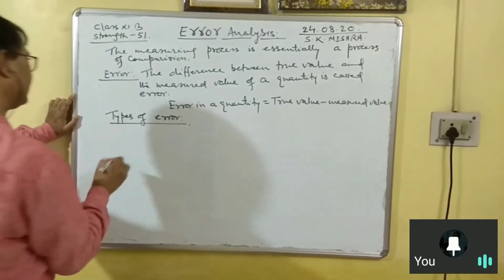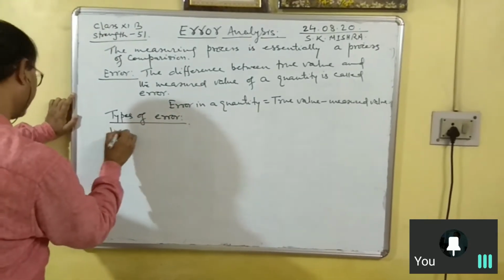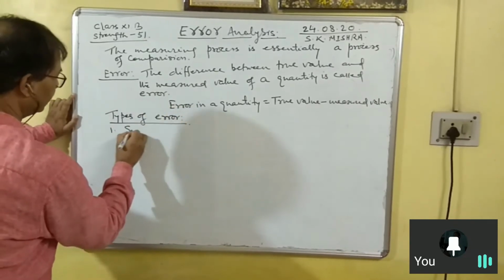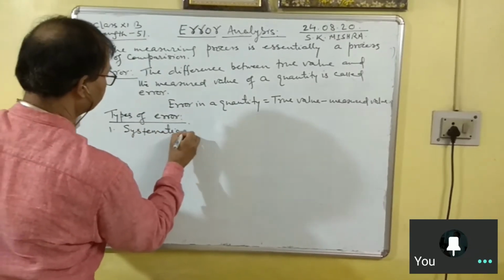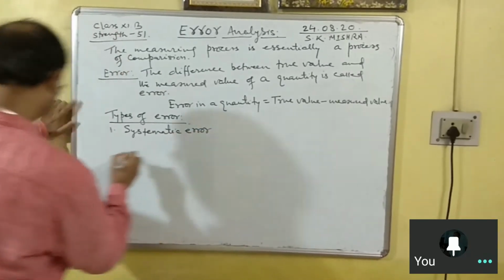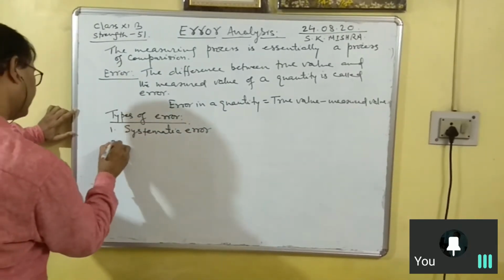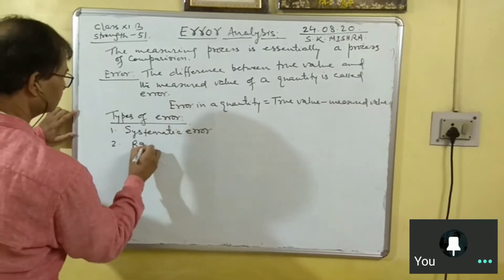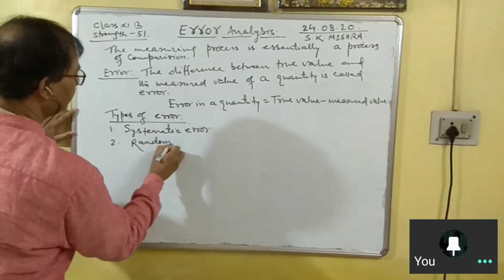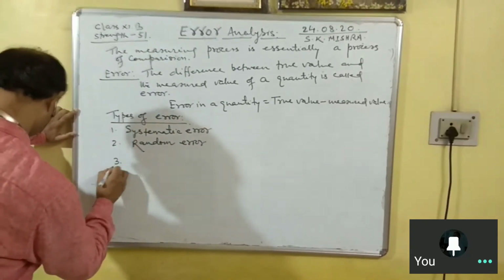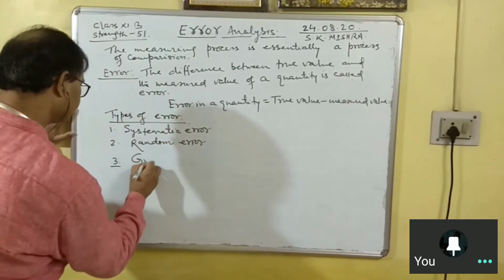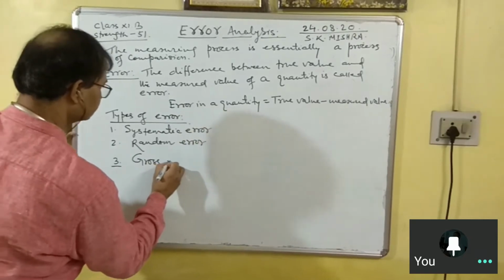Now basically there are 3 types of error. The first one is systematic error. The second one is random error. And the third one is gross error.